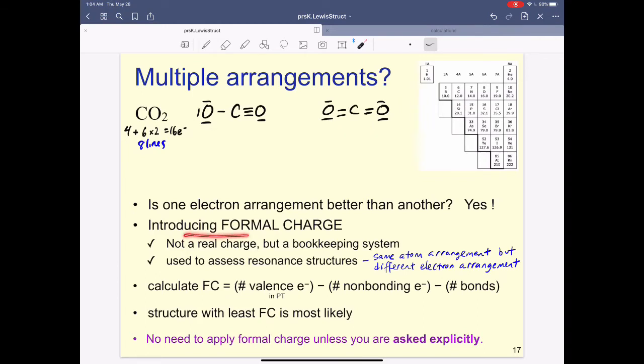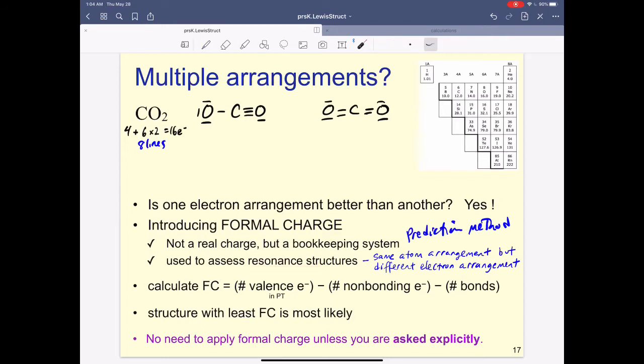And so let's introduce what's known as formal charge. This is not actually real charge, but a bookkeeping system or a prediction method. And so we use this to assess what's known as resonance structures.